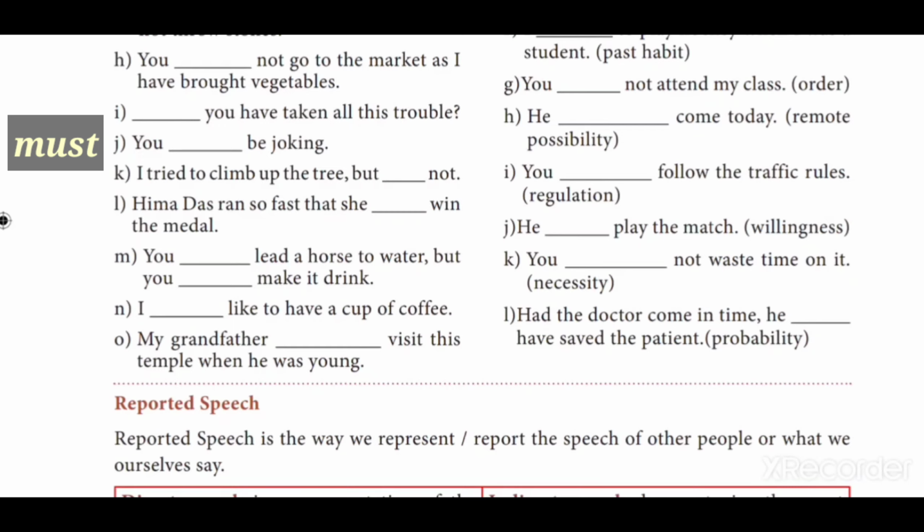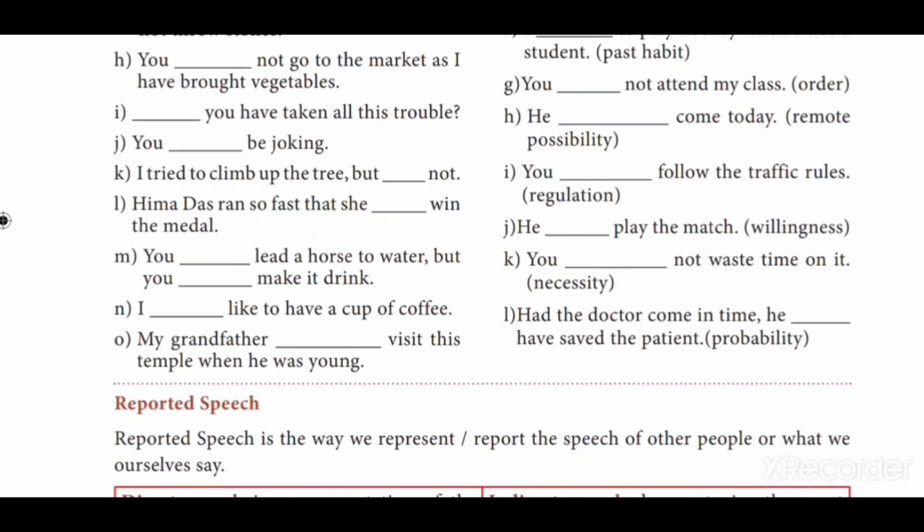K. I tried to climb up the tree but dash not. Here the answer is could. L. Hima Das ran so fast that she dash win the medal. Here the answer is could or might.